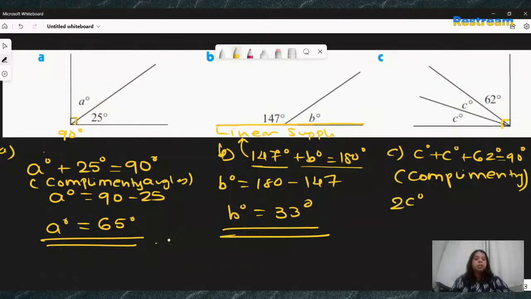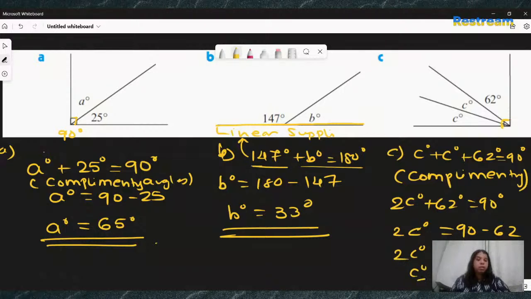So 2C degrees is 90 minus 62, which is 28. So 2C degrees is 28 degrees, and C degrees is 14 degrees.